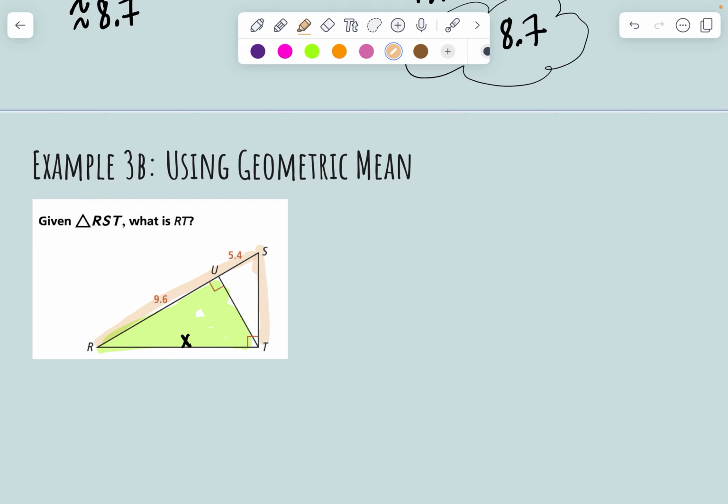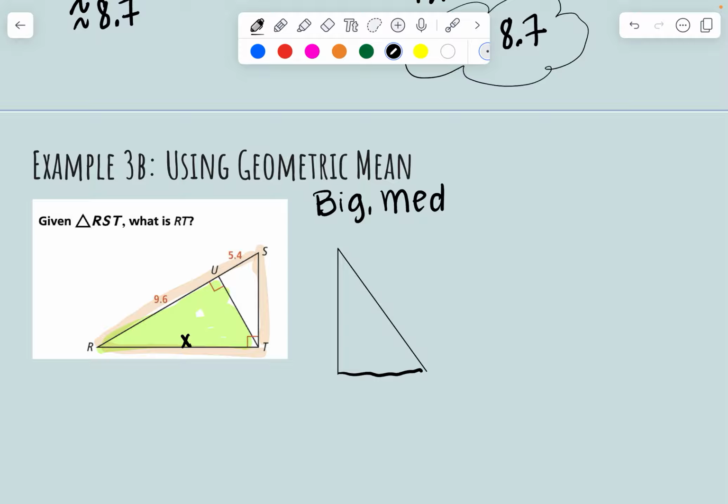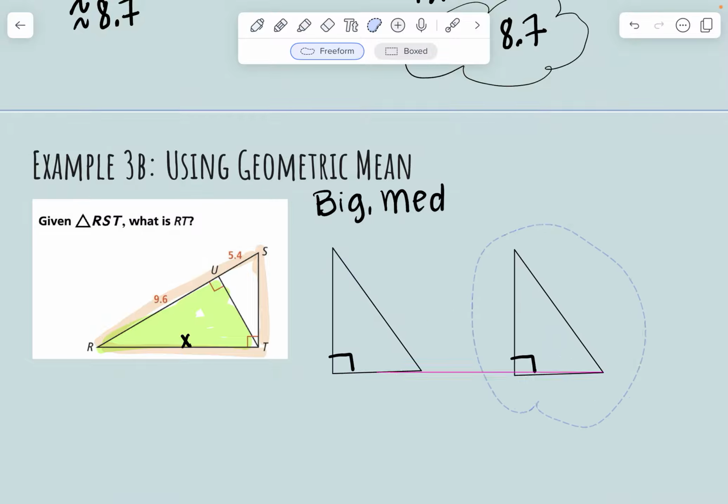So I'm using the big triangle and the medium triangle here, again, because RT is part of those two. So if I draw my big triangle, and then we need to duplicate that to make our medium triangle.